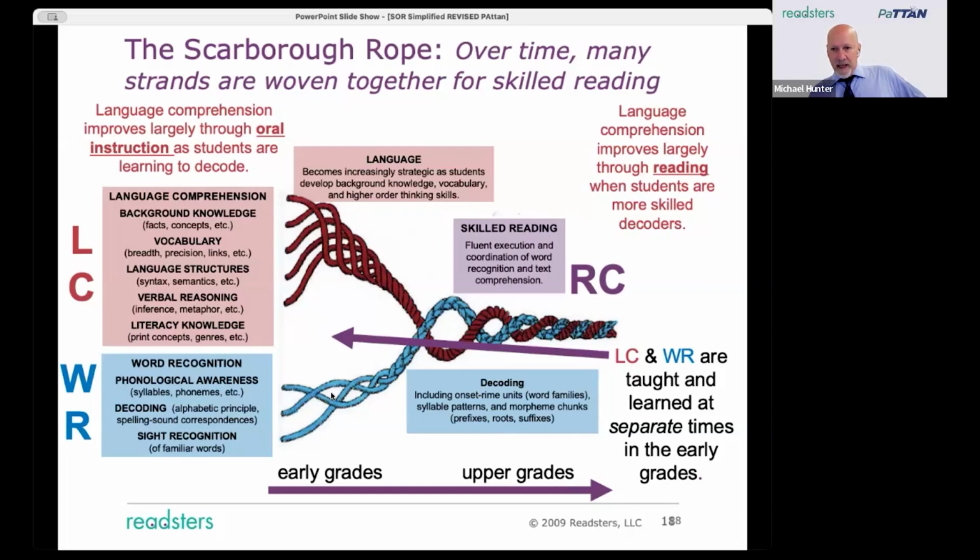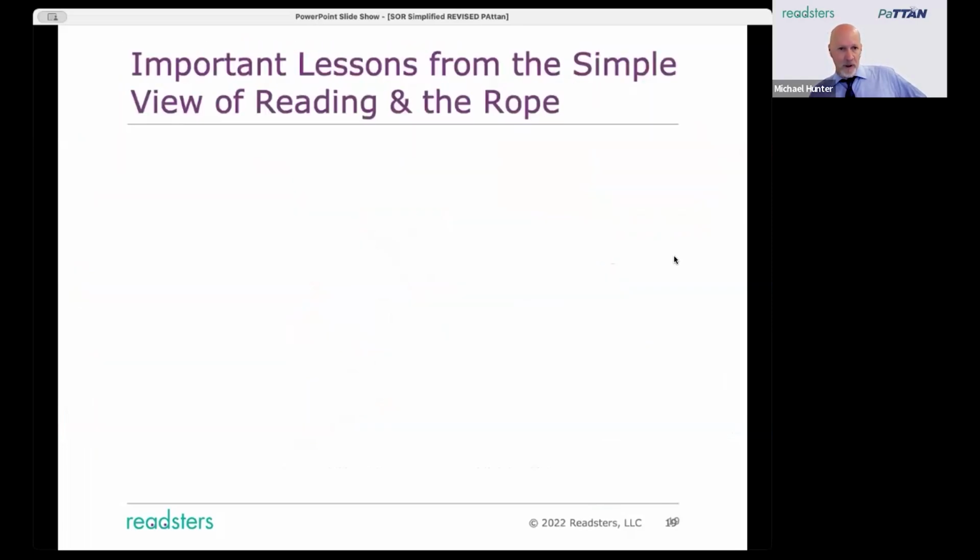So when we are teaching beginning decoding, we can't be teaching language comprehension because we don't have enough strength in the decoding to be able to also think about developing the language comprehension, and vice versa. You can't do language through reading because you can't read yet. So that is, I think, really critical to think about in our foundational skills learning and teaching.